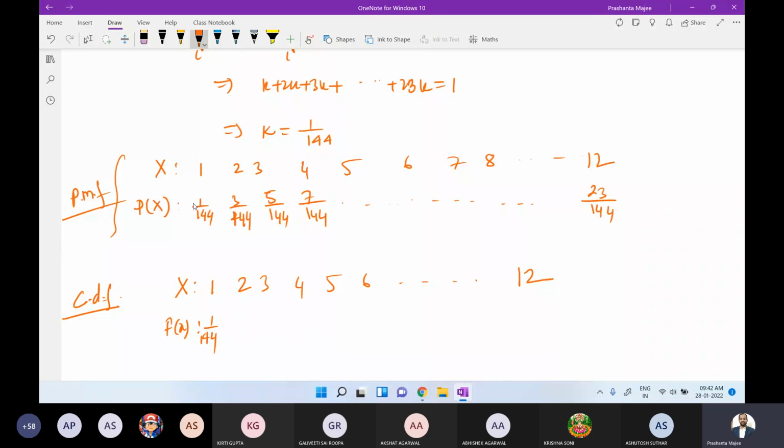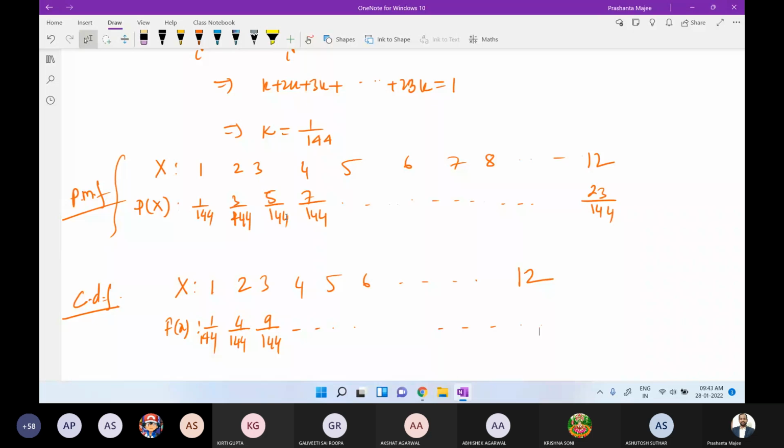What will be F2? Sum of all the probabilities up to 2. So it will be 1 by 144 plus 3 by 144, which is 4 by 144. What will be F3? F3 is the sum of all the probabilities up to the point 3. So it will be the sum of 1 by 144, 3 by 144 and 5 by 144, so it will be 9 by 144, and so on. You have to complete it. So that will be the cumulative distribution function of this discrete random variable.